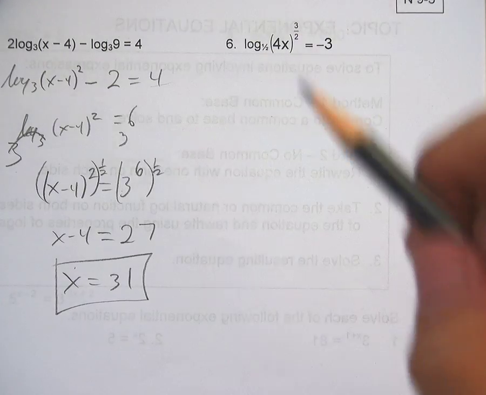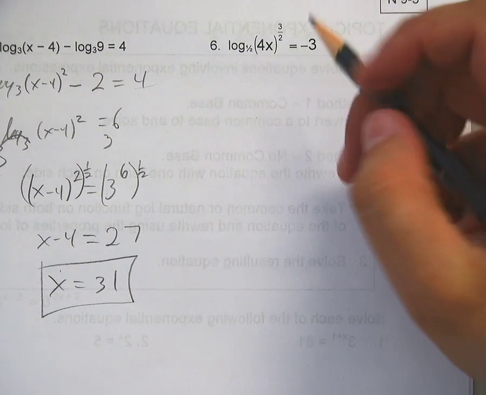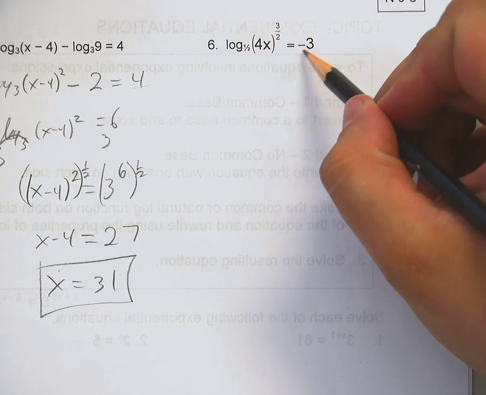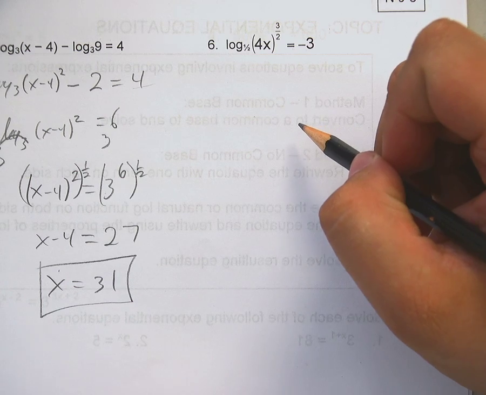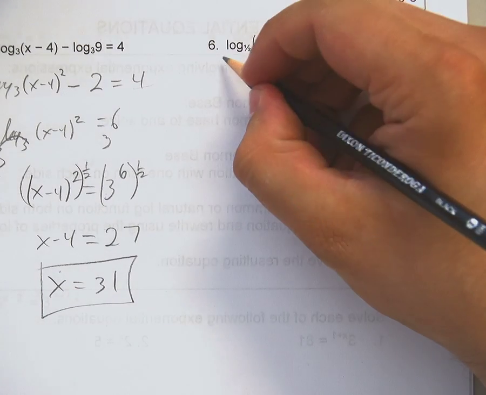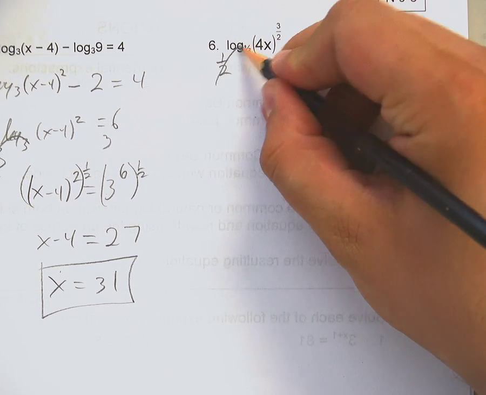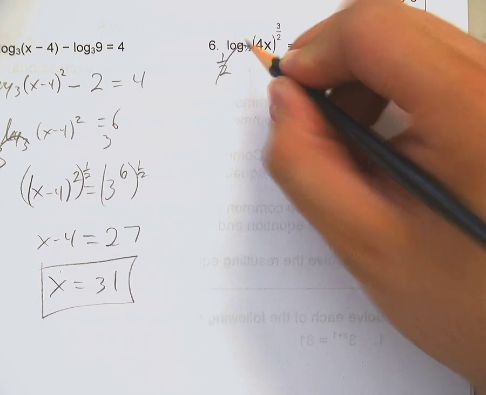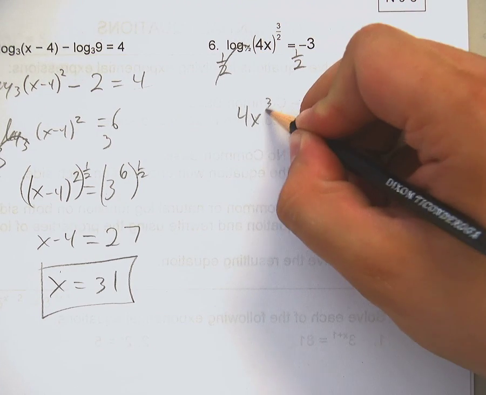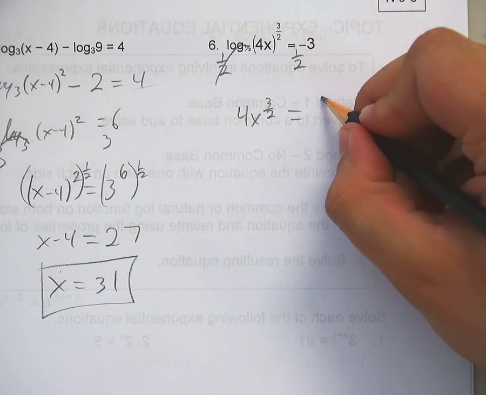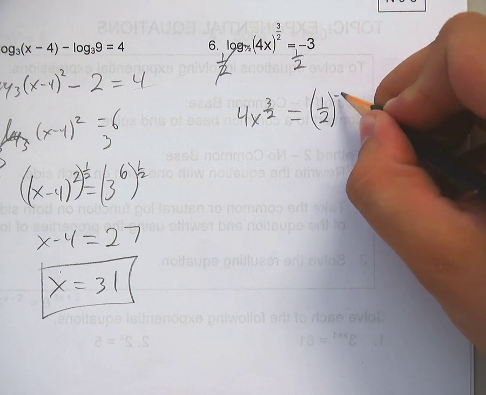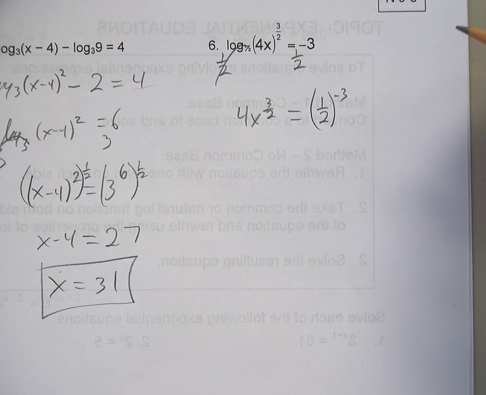Number 6, log base 1/2 of 4x to the 3/2 equals negative 3. So I'm going to start off by raising 1/2 to both sides. That means what I'm doing here is saying that 4x to the 3/2 is equal to 1/2 to the negative 3.